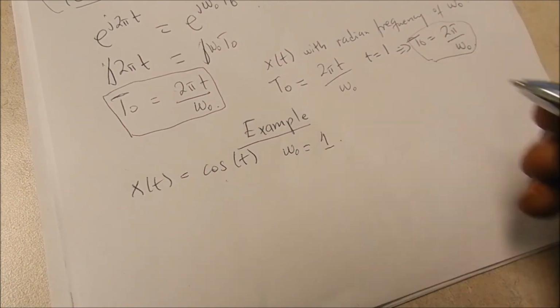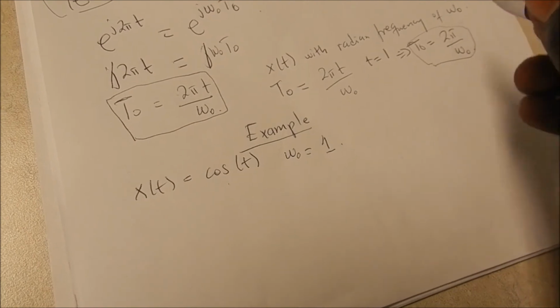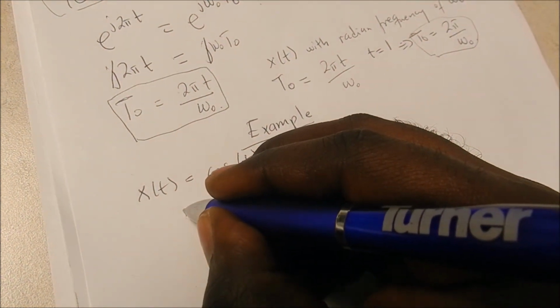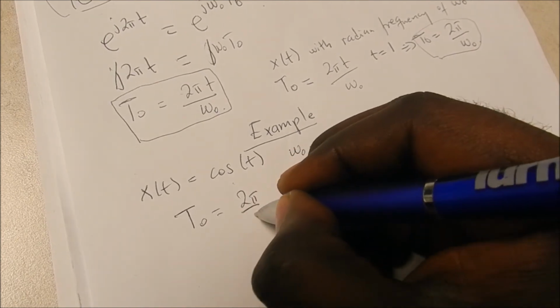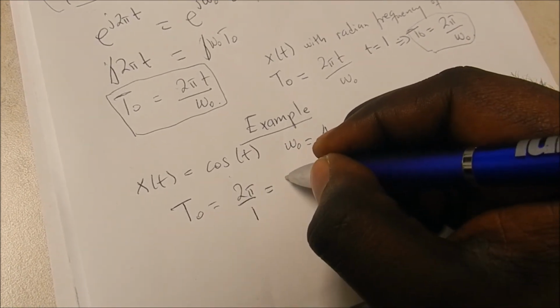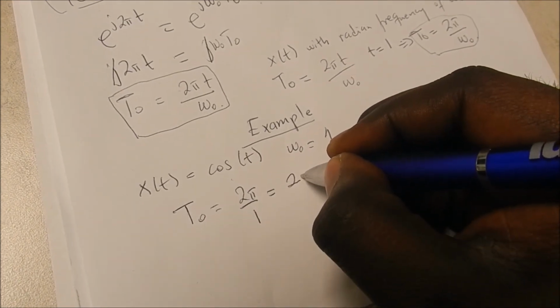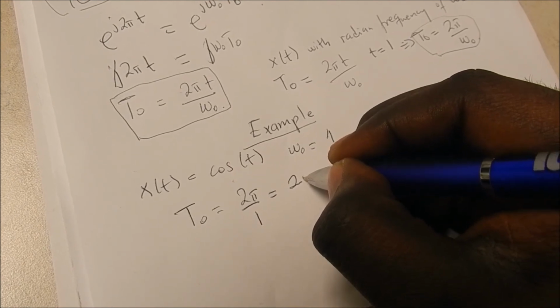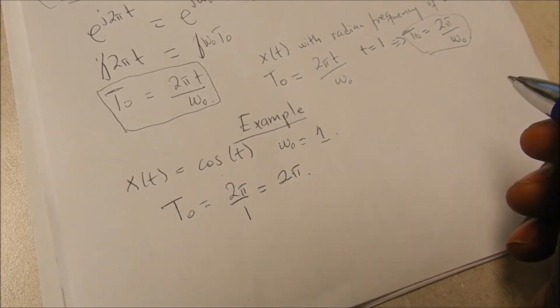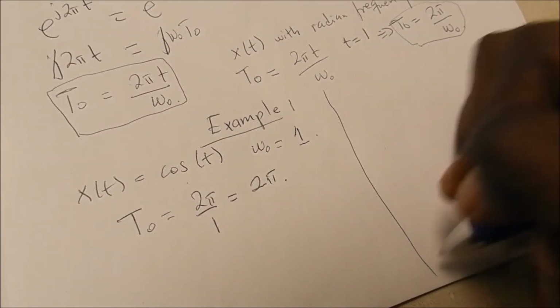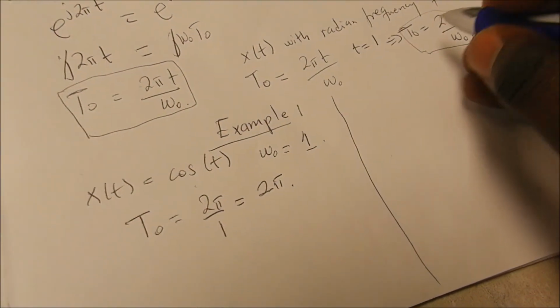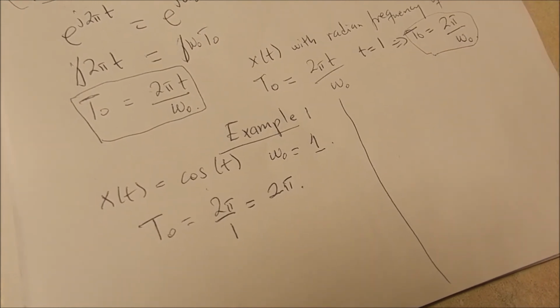So we just plug that in and get 2 pi over 1, which means our fundamental period is equal to 2 pi. You can apply this formula anywhere you want.